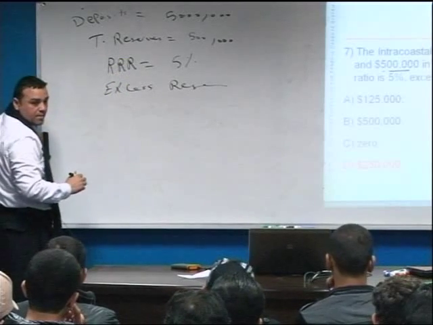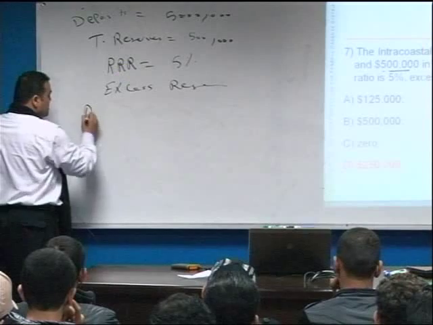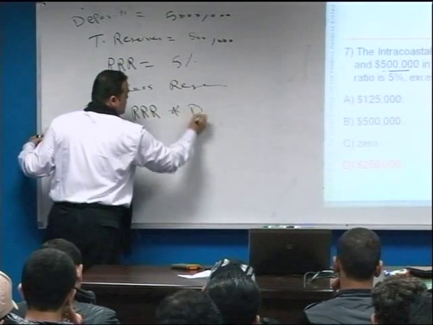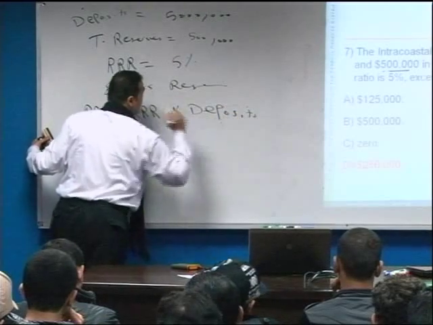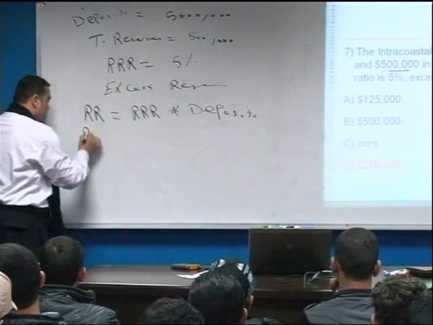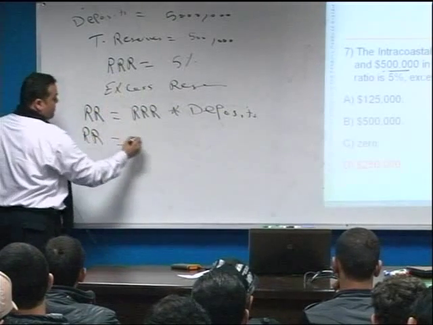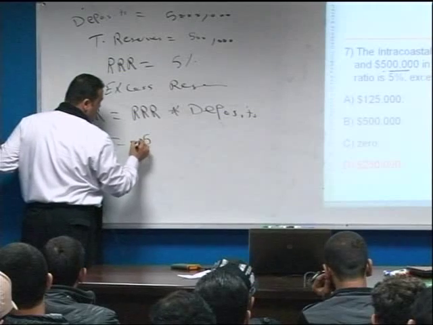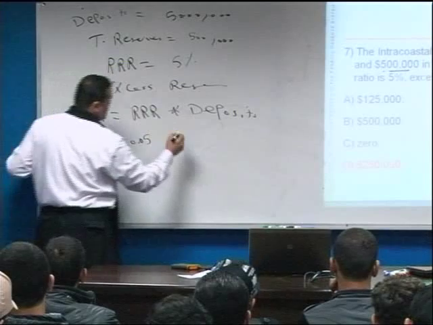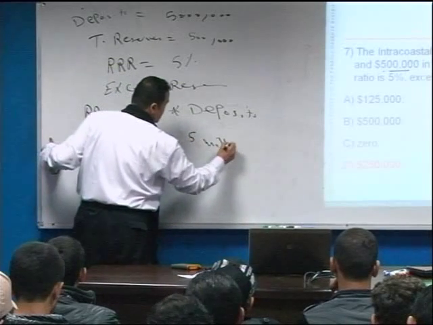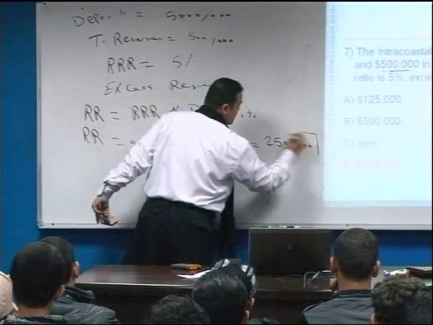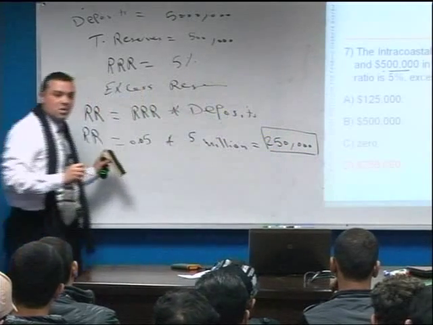So the required reserve equals the RRR times deposits. The required reserves equal 5% times deposits of 5 million. How much is this? $250,000. This is the required reserve.